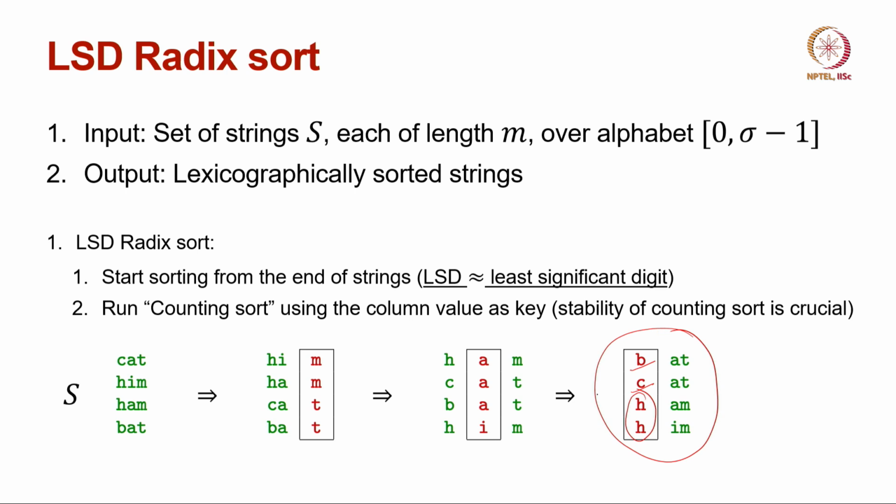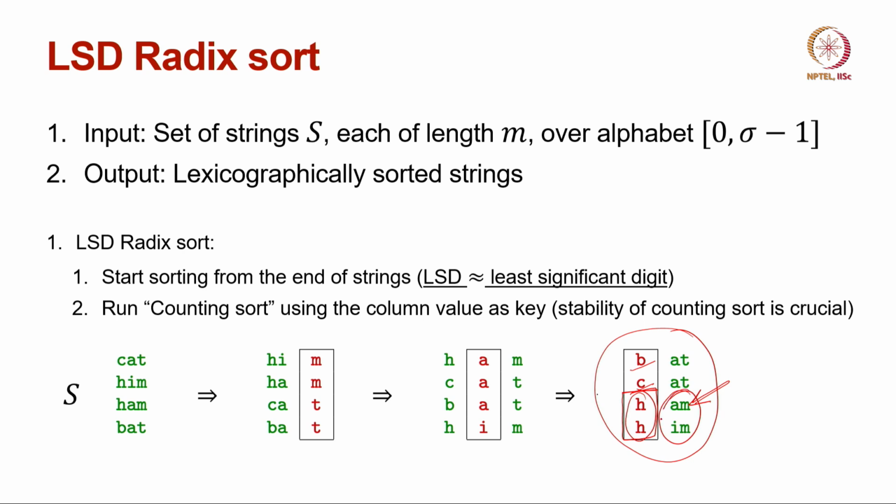Well, the correctness of the algorithm follows from the fact that counting sort is stable. For example, if you have values that are equal in this column, then their relative ordering will be decided by how we sorted the remaining part of the string, and depending on how we sorted these strings, the relative ordering will be preserved in the next iteration, because counting sort is stable.